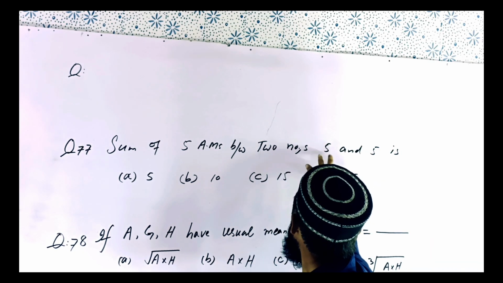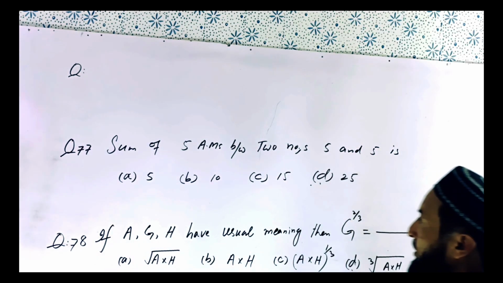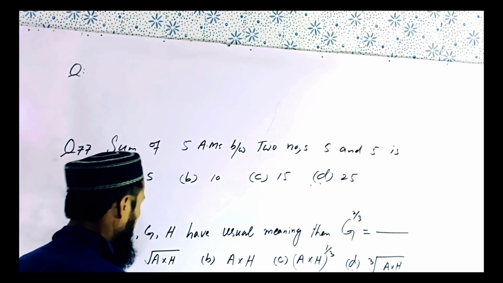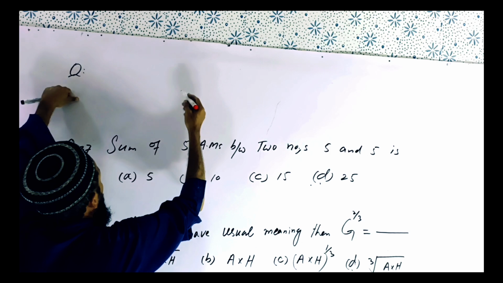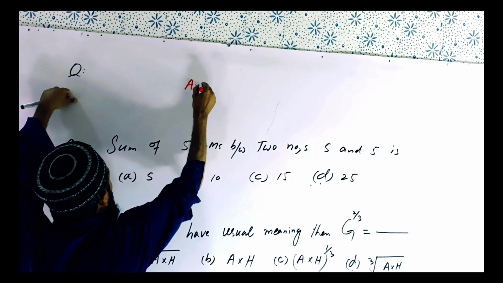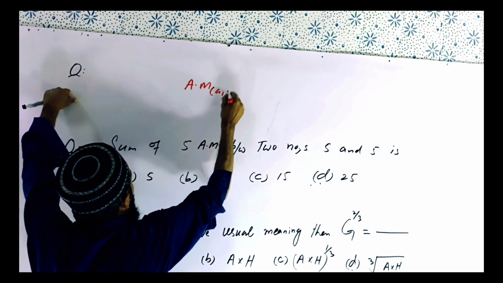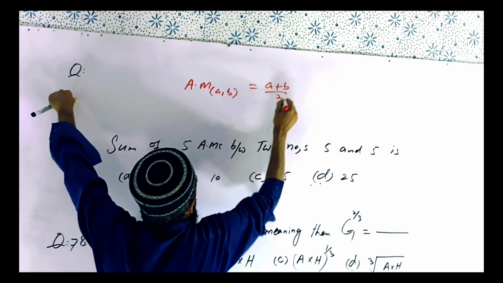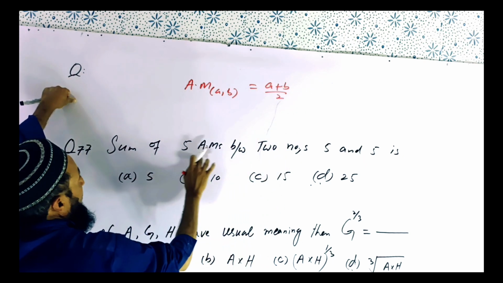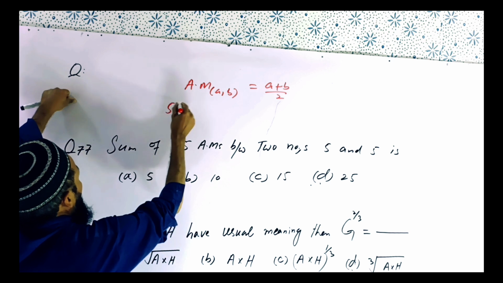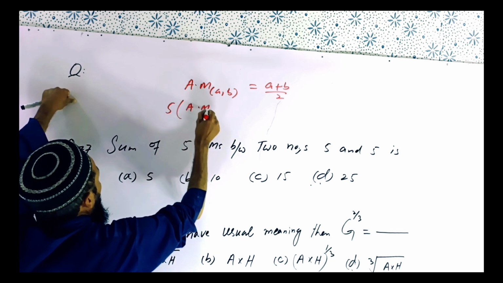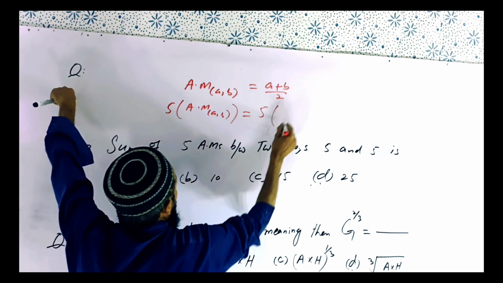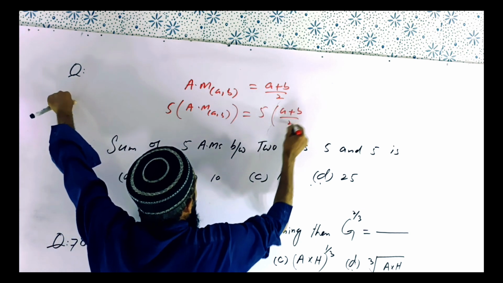Mean between two numbers 5 and 5. What is the value of the sum of 5 arithmetic means? As we know, the arithmetic mean between two numbers a and b is equal to a plus b divided by 2. But here the sum of 5 arithmetic means of a and b is equal to 5 times a plus b divided by 2.